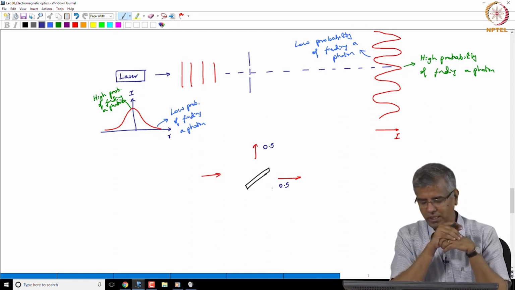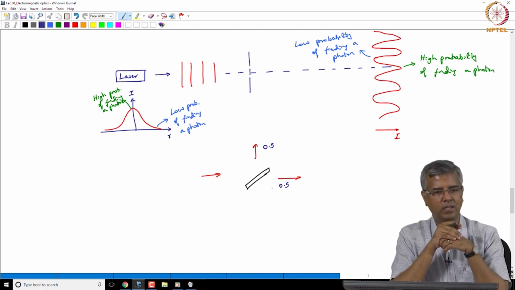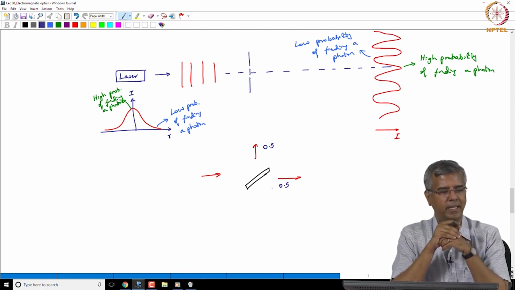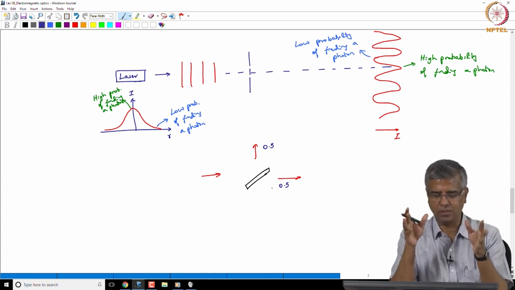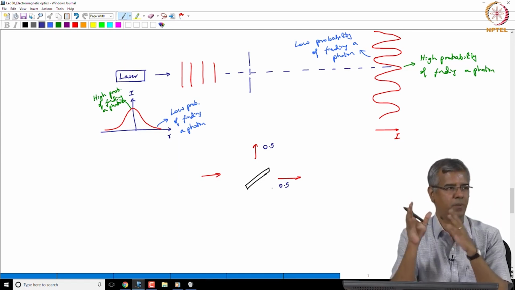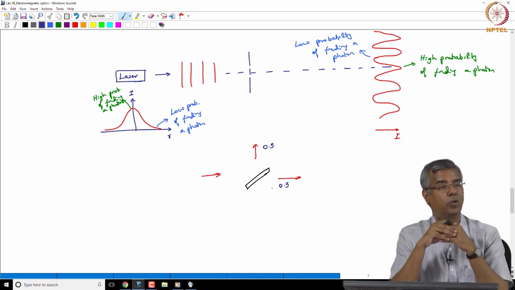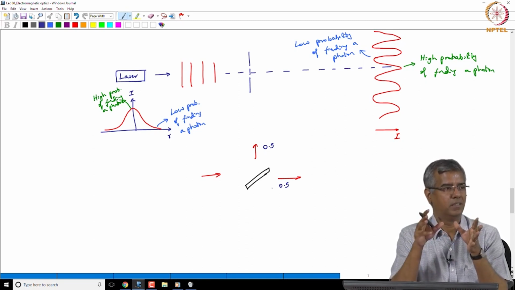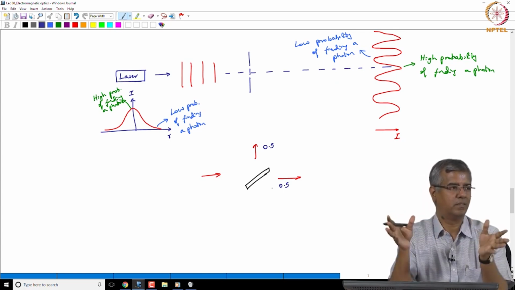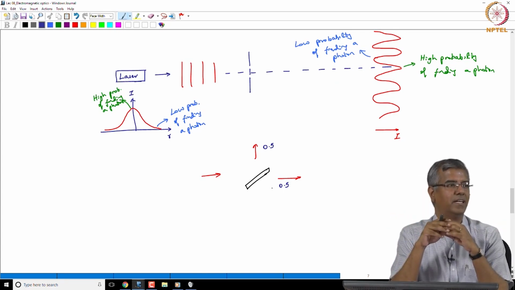So the question is, first of all we are saying that probability is proportional to intensity. If the total intensity is not conserved, is the photon probability conserved?